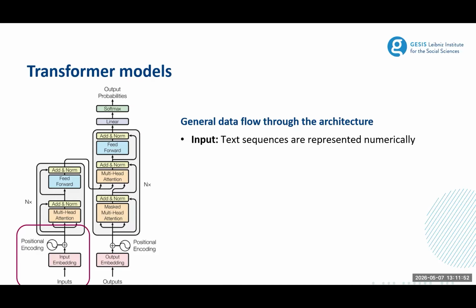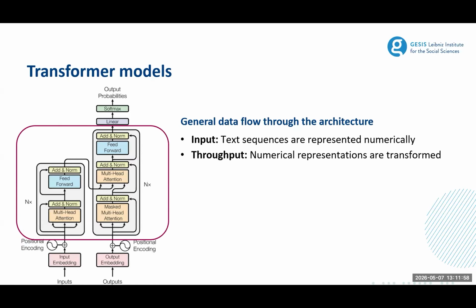So you have some numerical vector. And this numerical representation is then led through all the architecture from the input to the output. On this way, the representation is transformed and transformed again and again until it yields what we want as an output.